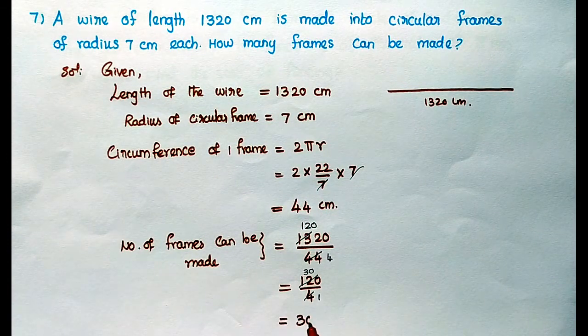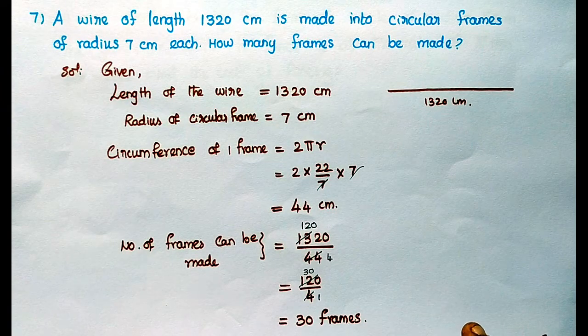So 30 frames can be made in this length of 1320 centimeter. That is the answer.